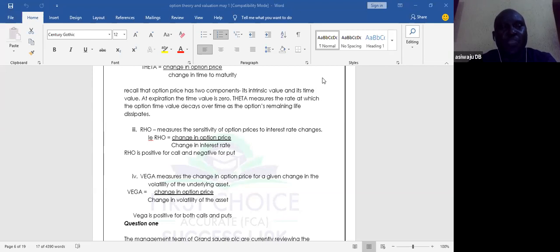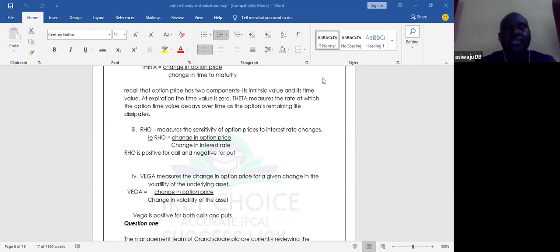Okay, a summary of what I've explained. I've explained delta as the change in our option price as a result of change in underlying asset price. I've explained gamma. Gamma is change in delta value as a result of change in the underlying asset price.